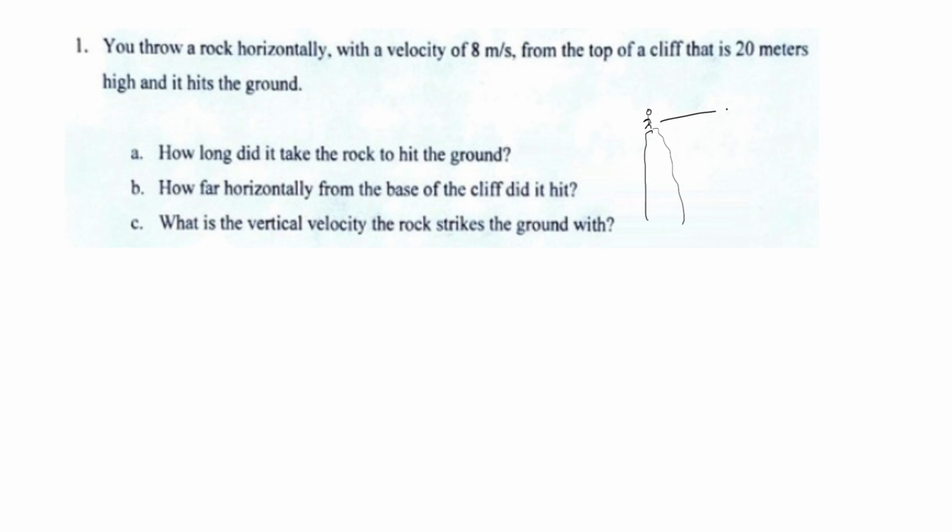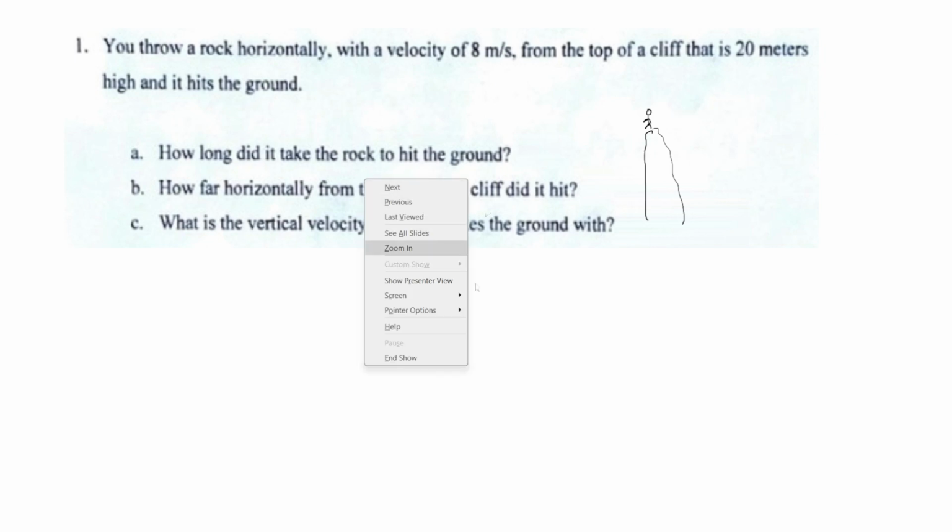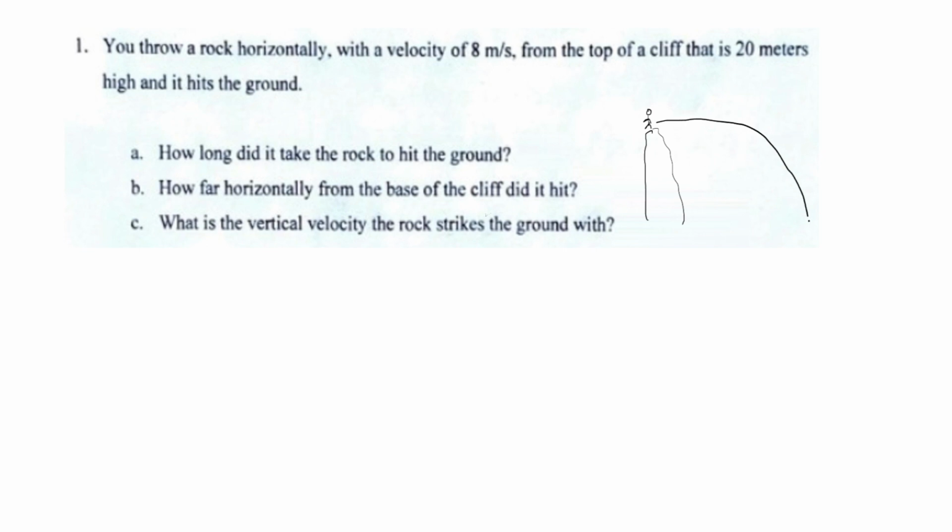So now it will travel a certain distance like this and it will fall. Okay, so let me draw it somewhat clearly. So this is a diagram for a horizontally projected body.